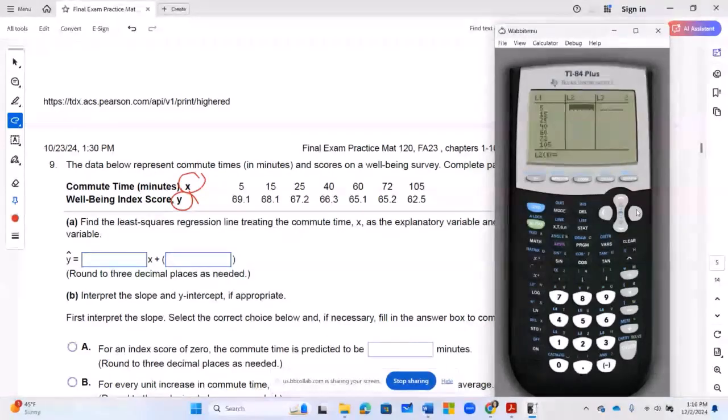Okay. And the L2 is 69.1. So this is the response variable. Why?